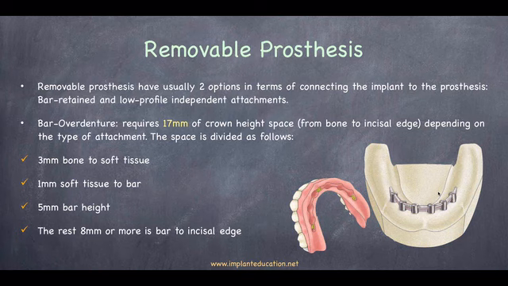All those numbers we mentioned so far, 9, 8, 6, 5, 15, and now 17, are the minimum numbers for the mentioned prostheses. It would always be nice to have 1, 2, if not more, millimeters on top of those minimums. But with these minimum numbers, the lab will definitely be able to fabricate for you those prostheses that we mentioned.